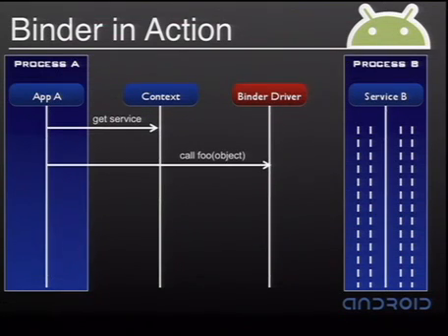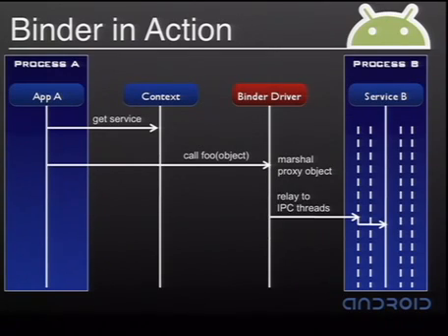So in this case, when process A actually calls method foo on the service stub, it's intercepted by Binder, which marshals the object and passes a reference of that object over to the receiver, the service here. So you're not serializing the object passed in this foo method call, but you're actually passing a proxy to that same object stored in shared memory.